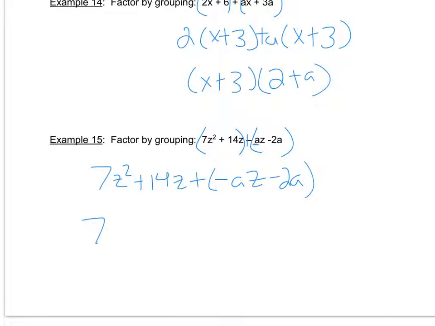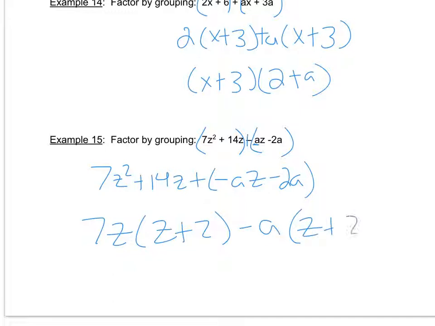Factor out the 7z. You have z plus 2. Factor out the negative a. Because see how these matched up here? Well, we need this to match over here. See how it's positive, positive, and this is negative, negative? That means factor out the negative. And they have a in common.